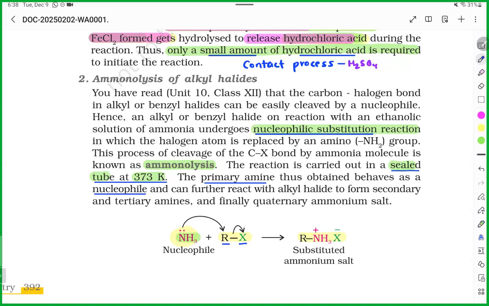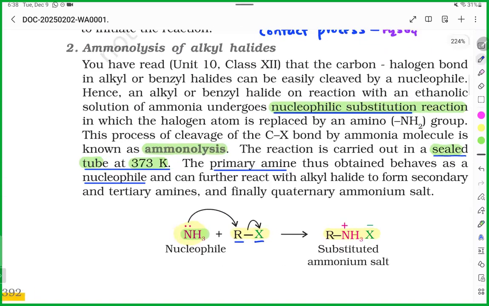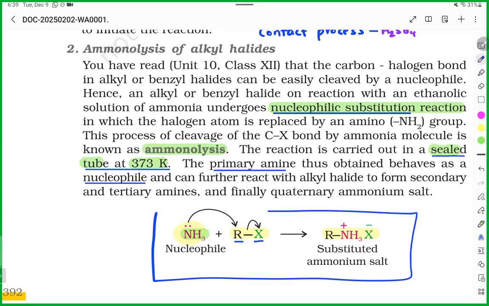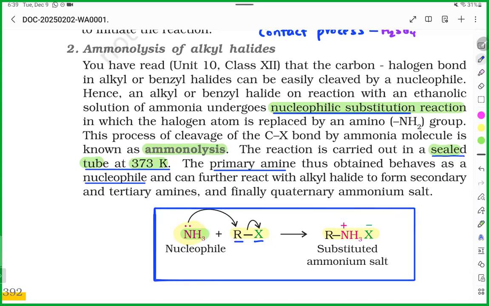If it is a nucleophilic substitution reaction, what will happen in this case? Is ammonia a nucleophile? Yes, sir. And is the reaction given here a nucleophilic substitution reaction?